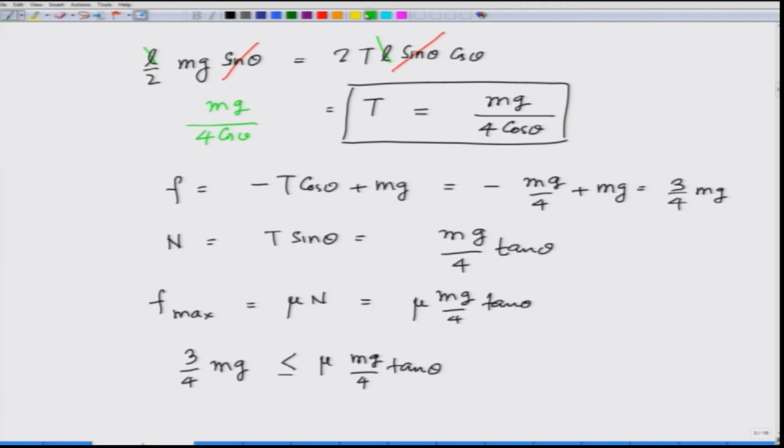Let's cancel terms. Mg cancels, so does 4, and this immediately gives me tangent theta is greater than or equal to 3 by mu, or theta should be greater than or equal to tan inverse of 3 by mu. And that is my answer.